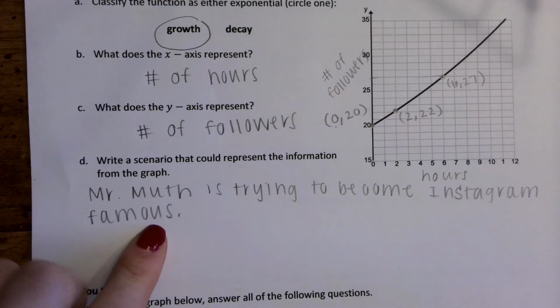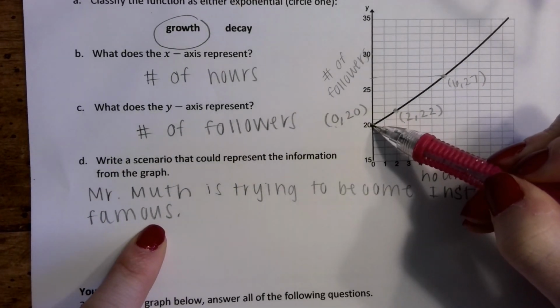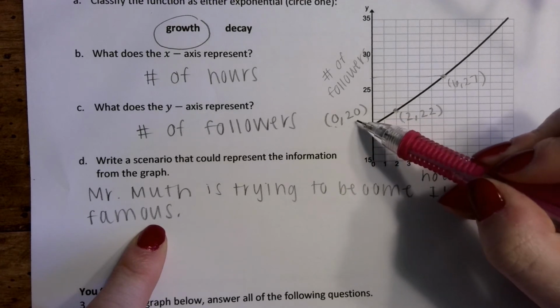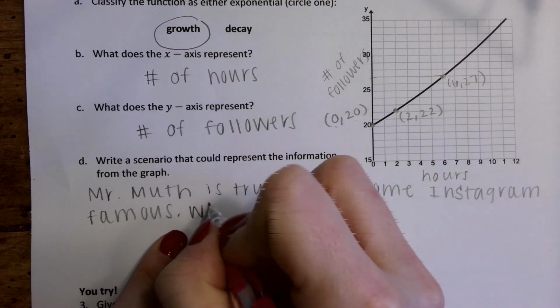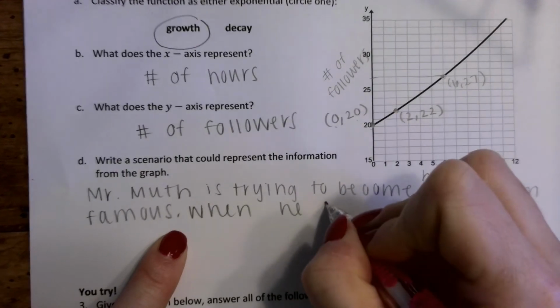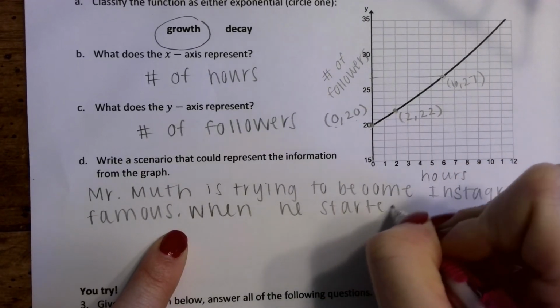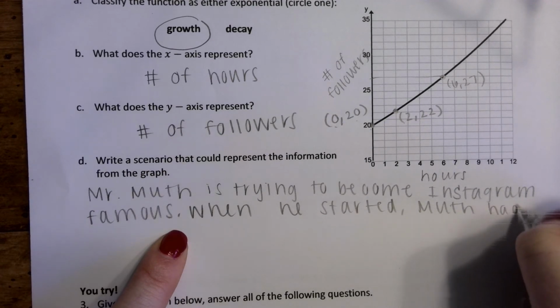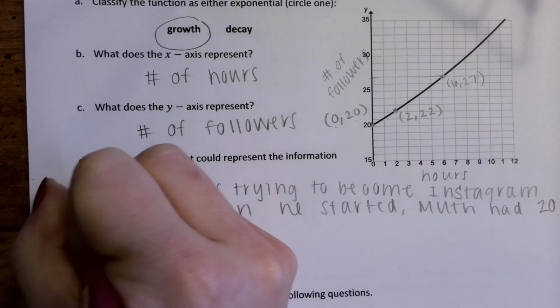Next thing I'll do is list what this starting point was. So when Mr. Muth started out, he had 20 followers.